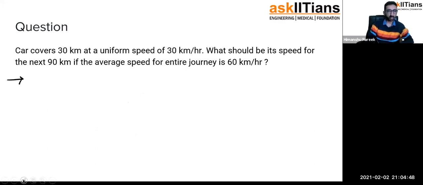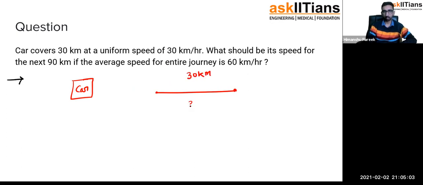Okay. A car travels 30 kilometer at a uniform speed of 30 kilometers per hour, let's say A to B. What should be the speed for the next 90 kilometer?